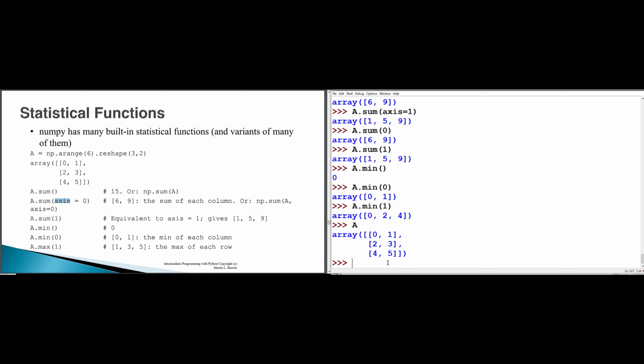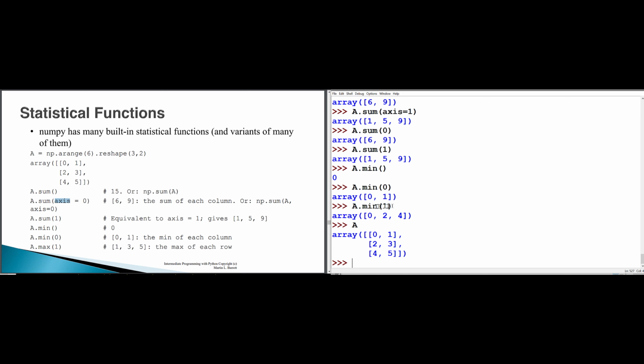Okay, let me display A again. So the minimum of the entire array is 0. The minimum over the rows is going to be the minimum of 0 to 4 as my first column value, and the minimum of 1 through 5 is my second column value.